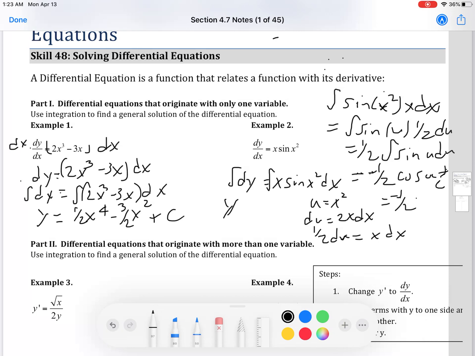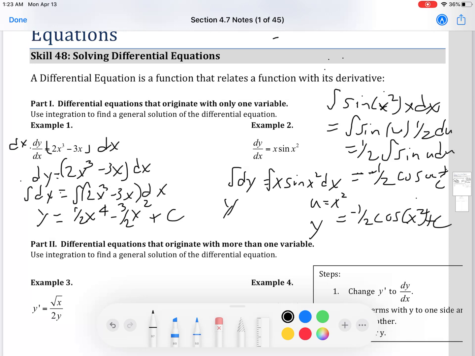So you have a negative 1/2 times the cosine of x squared, that's our u, plus c.